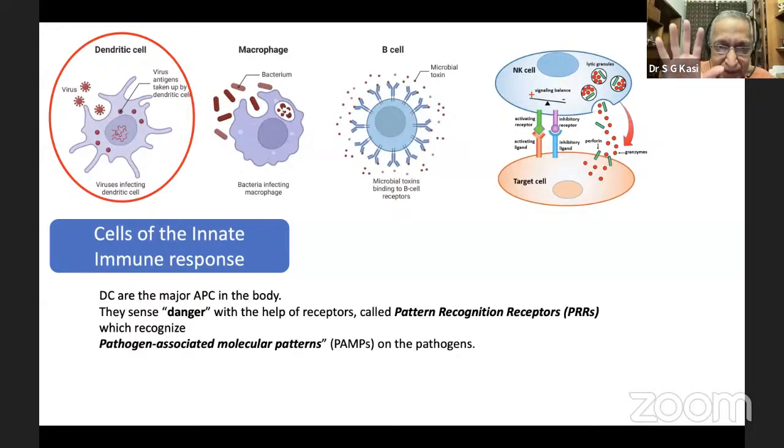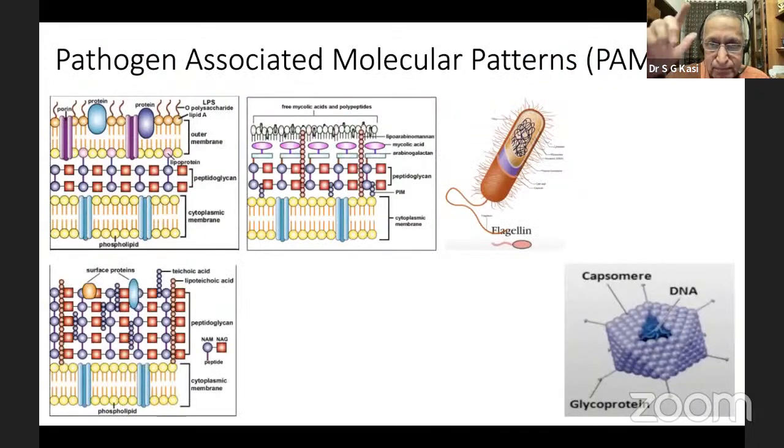The moment there is a pathogen which enters the body, they sense the danger because these antigen presenting cells have receptors called pattern recognition receptors. And these recognize pathogen associated molecular patterns on the pathogens. So pattern recognition receptors recognize pathogen associated molecular patterns. So what is PAMP?